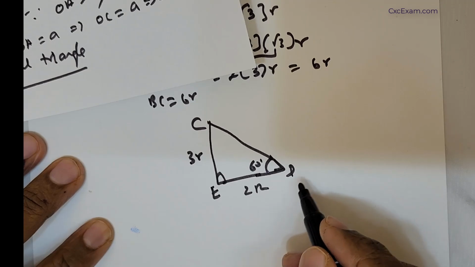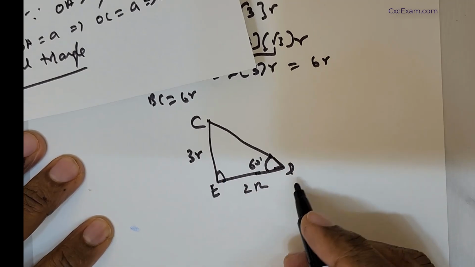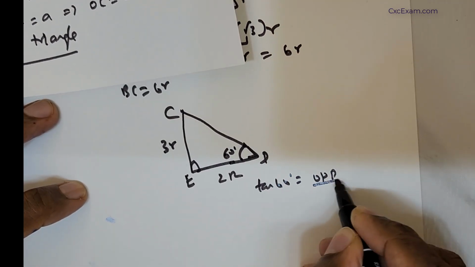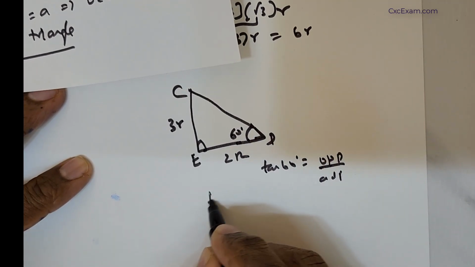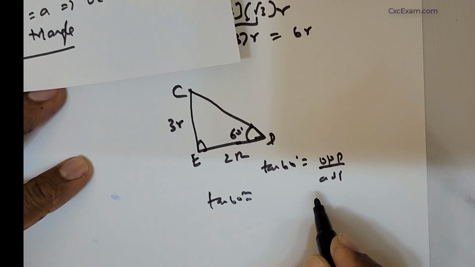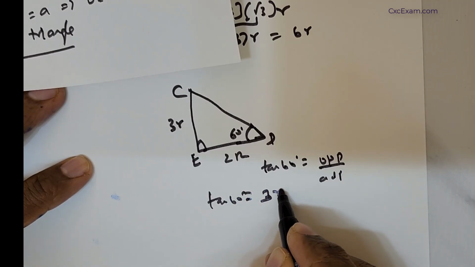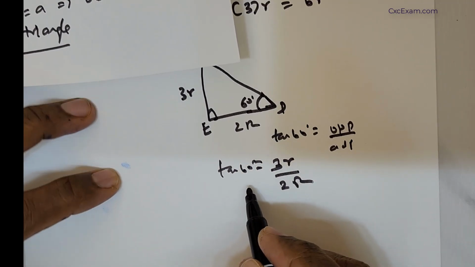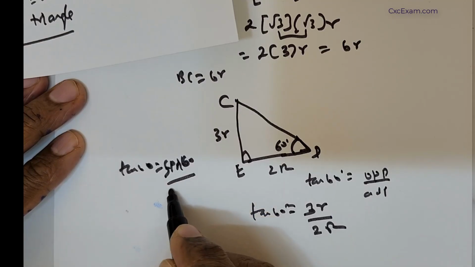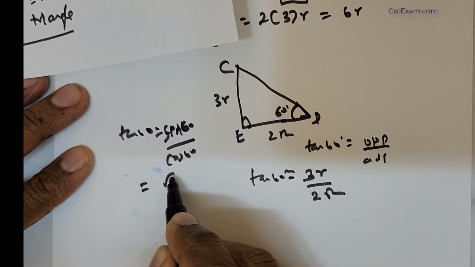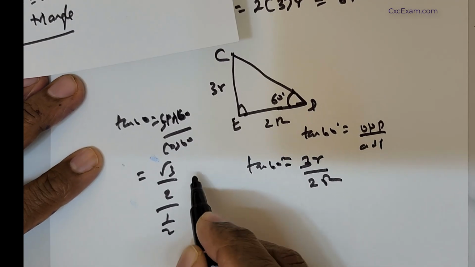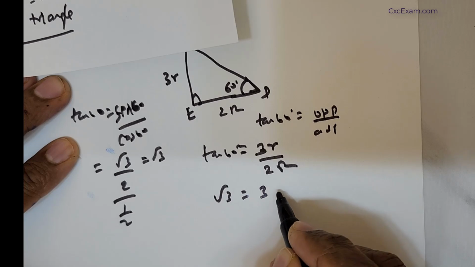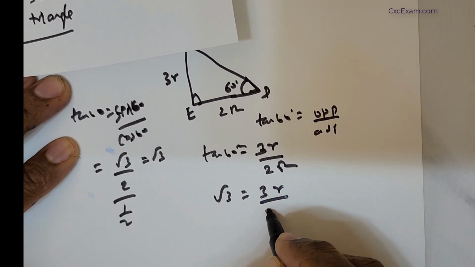Okay, now I want to connect these two sides. So let me take tan 60. Tan 60 is opposite side divided by adjacent side. So tan 60: opposite side is 3r and adjacent side is 2 times capital R. But what is tan 60? It is sin 60 divided by cos 60. Sin 60 is root of 3 over 2. Cos 60 is 1 over 2. So tan 60 is root 3. So root of 3 is equal to 3 times r over 2 times R.